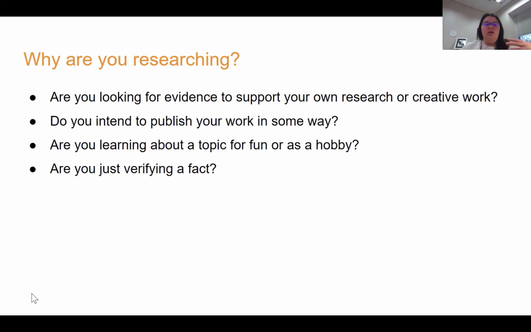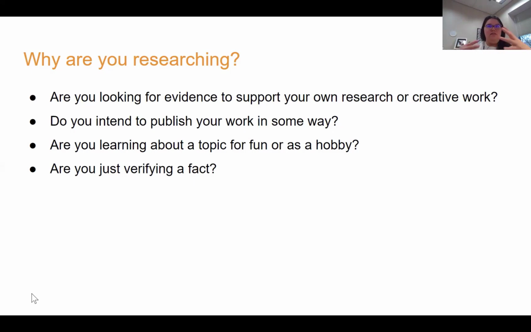Are you looking to do your own research and you need to find additional sources that support your theory in some way, or that you want to be in conversation with? Are you intending to publish or produce or distribute the work in some way? Or is this something that is a little bit more off the cuff, that you are learning about a topic for fun or as a hobby, and maybe you don't necessarily need quite the level of credibility that you would if you were going to publish, or maybe you just need something really quick to verify a fact, okay?